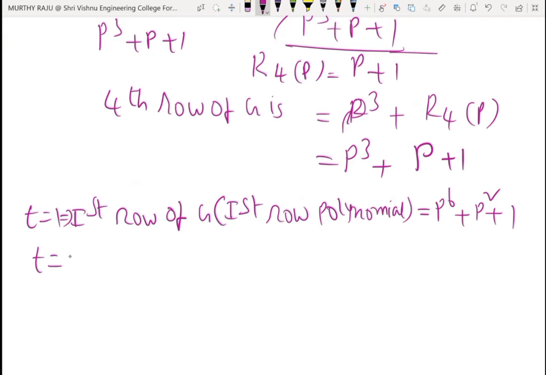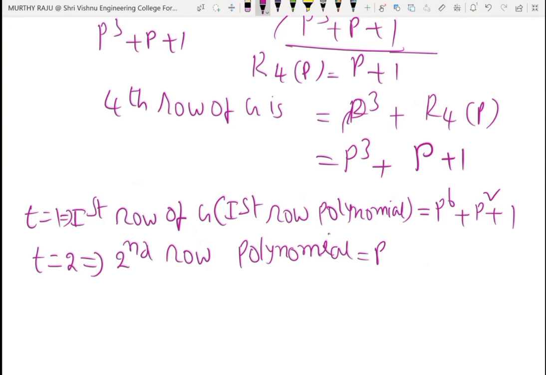For t is equal to 2, the second row polynomial is p power 5 plus p square plus p plus 1.